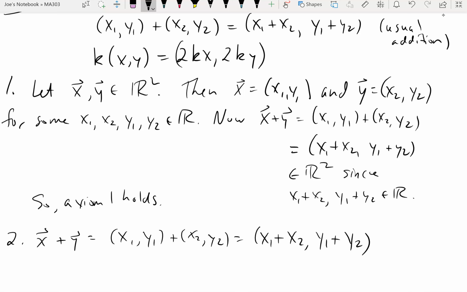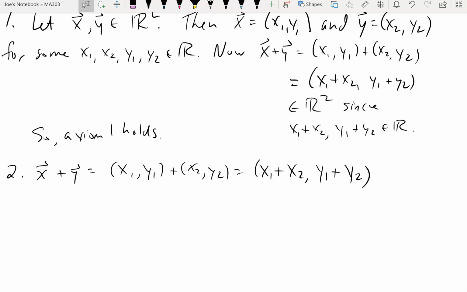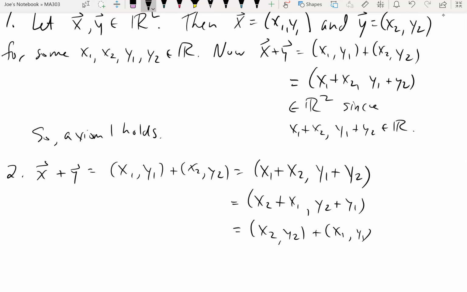So we can just swap it around, right? So this will be x2 plus x1, y2 plus y1. And since it's just usual addition, I can see how that splits back apart. And that really is y plus x.